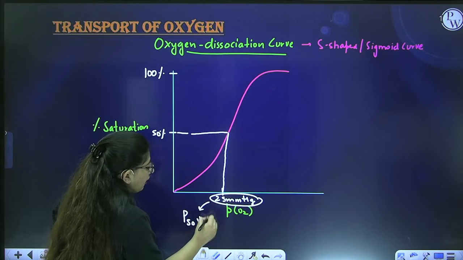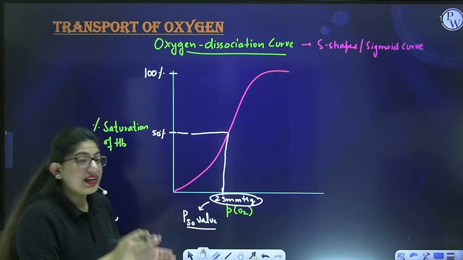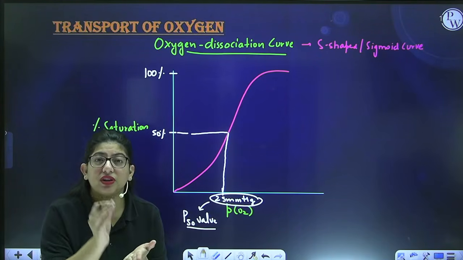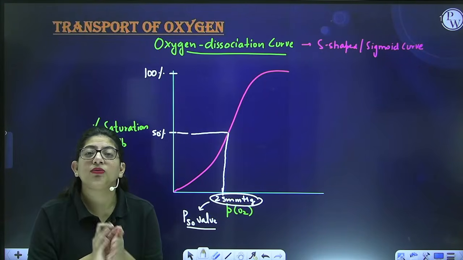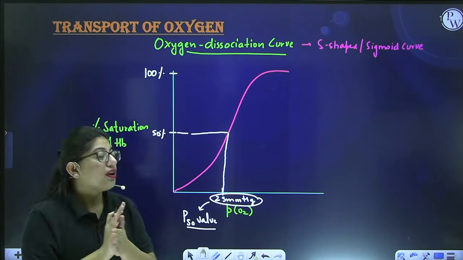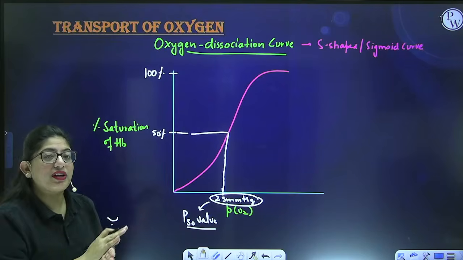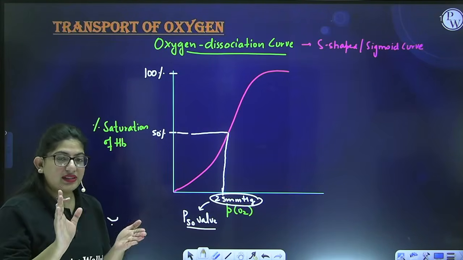What is P50 value? I say P50 value is that partial pressure of oxygen where 50% of my hemoglobin is filled with the oxygen, 50% of my hemoglobin is saturated with the oxygen. Okay guys, right? All right.